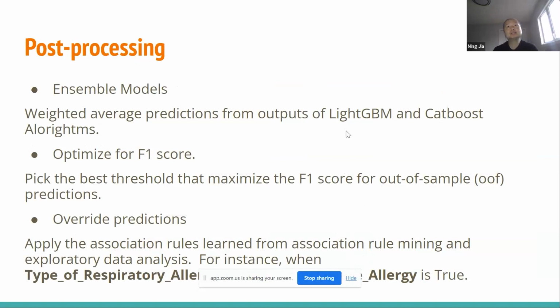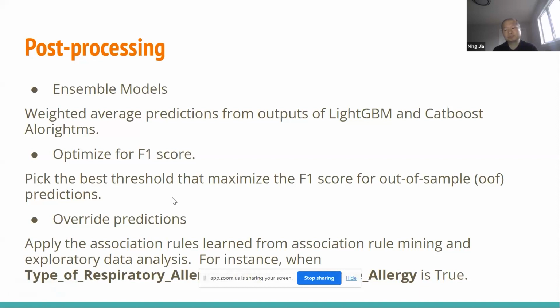A high weight on GBM, I remember it's like 80%, and CatBoost is 20%. And we also need to optimize for F1 score because this is the metric we are using. So we pick the best threshold that maximizes F1 score based on the out-of-sample predictions.